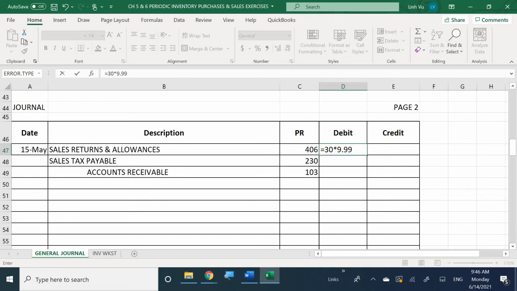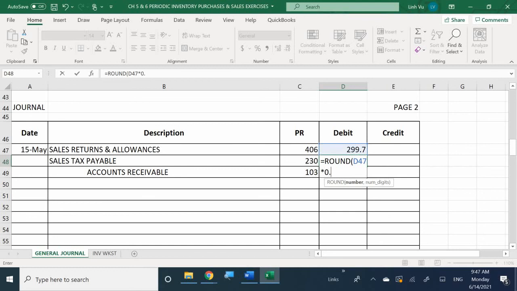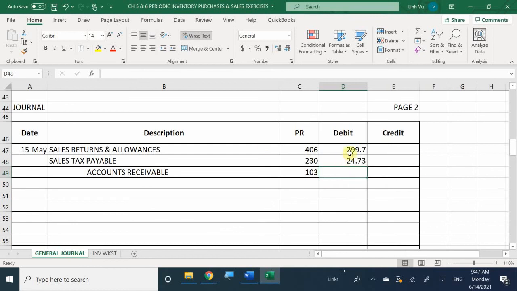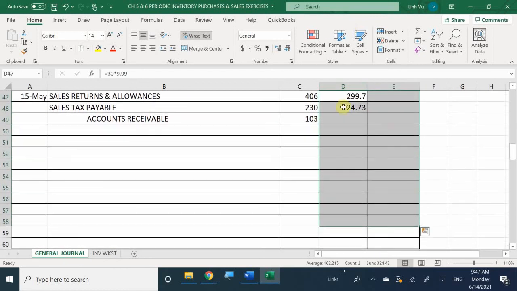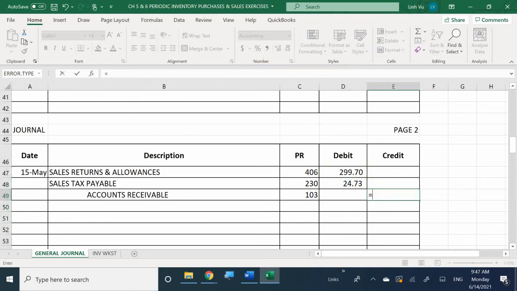How much was the total amount of mugs that I'm returning? $299.70. All right. And how much tax am I subject to also return back to customer B? $24.73. Okay. So in grand total, how much am I going to refund to customer B? $324.43.